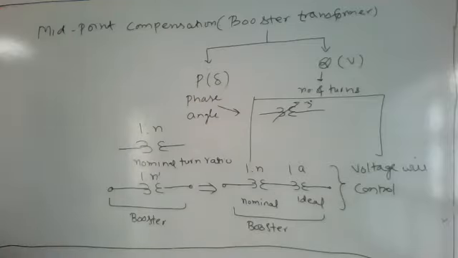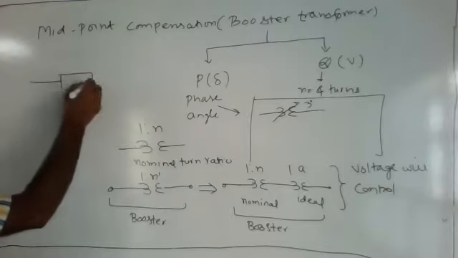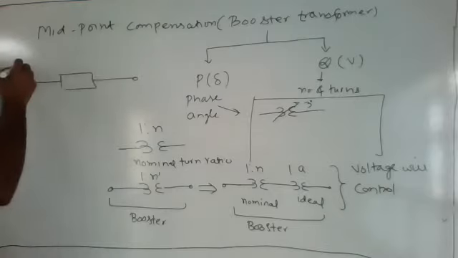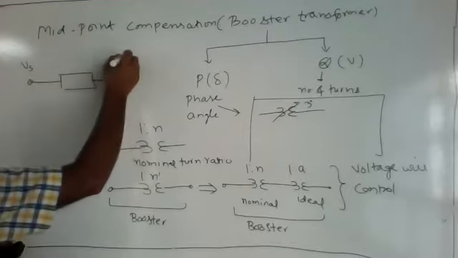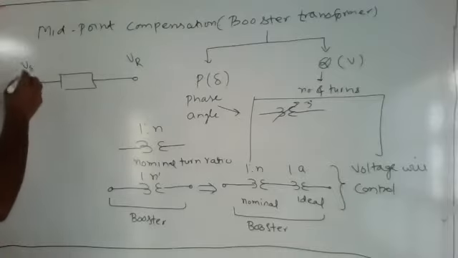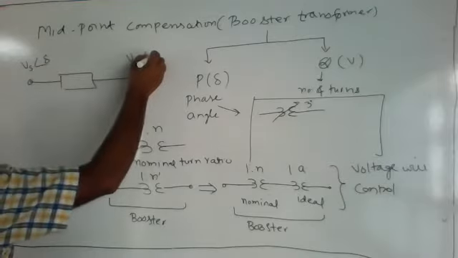Suppose this is some electrical component and we have some voltage Vs and here is Vr. So how do we check? Suppose Vs will have some angle delta and Vr will have angle 0.